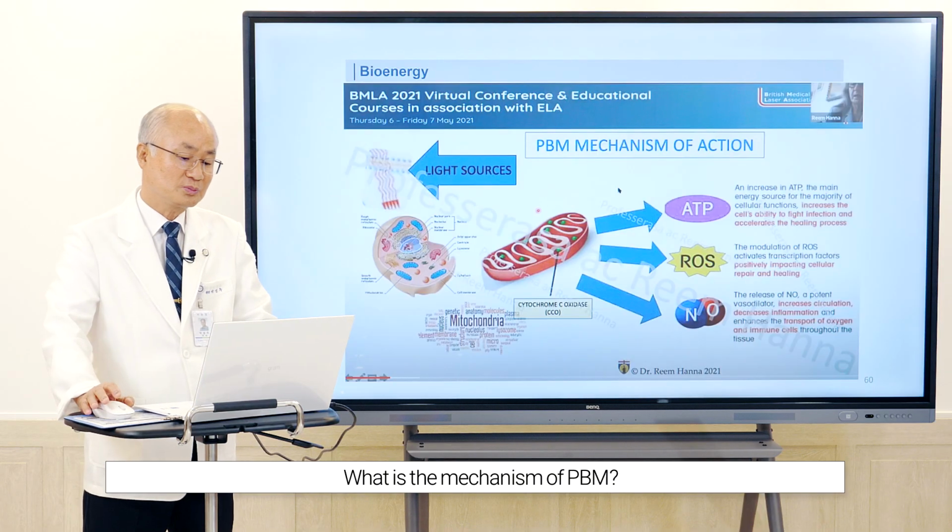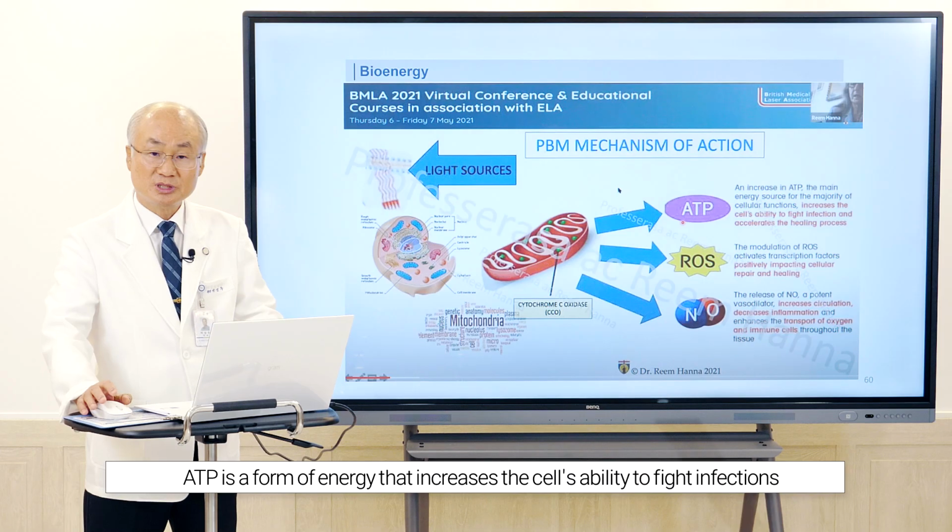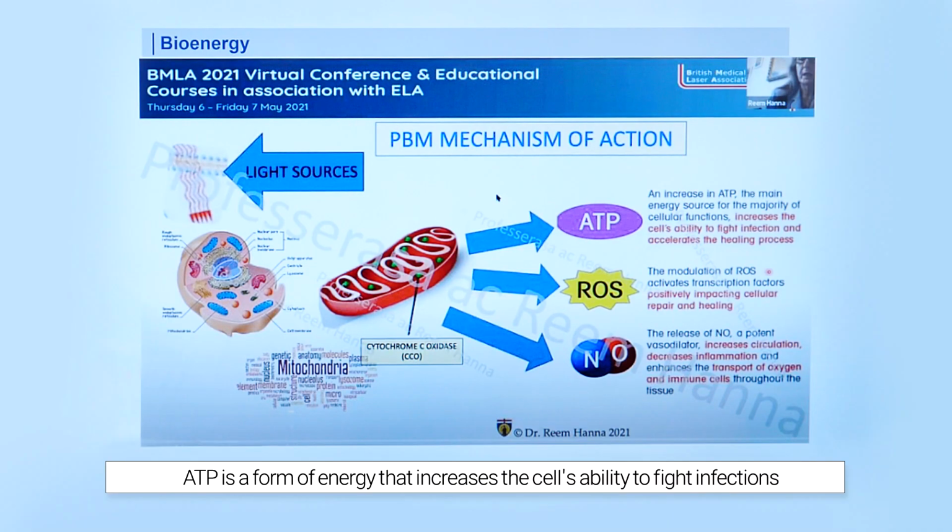What is the mechanism of the PBM? Once NIR light is given to our body, it will activate the mitochondria, especially cytochrome C oxidase. Then what will result? ATP will be produced. ATP is a kind of energy, so it will increase the cell's ability to fight infection and accelerate the healing process. ROS are also manufactured, and lots of NO will be produced.